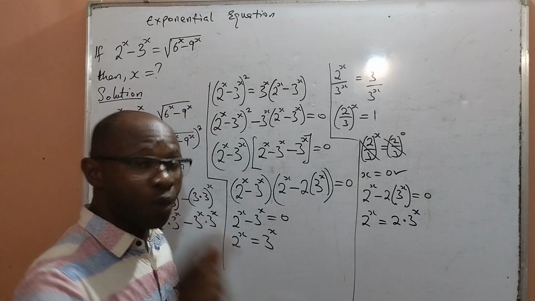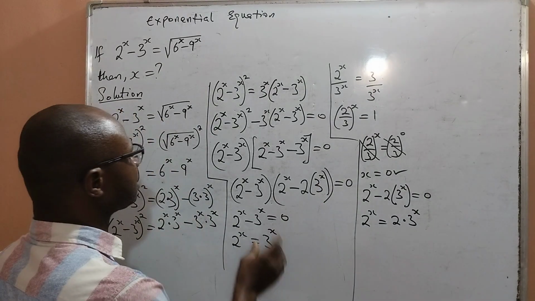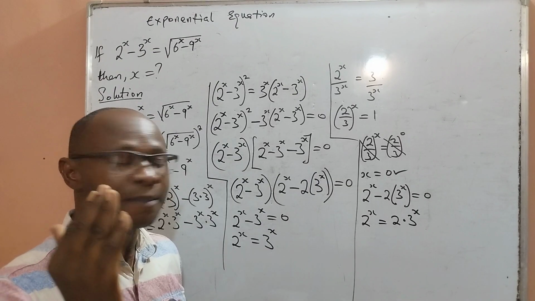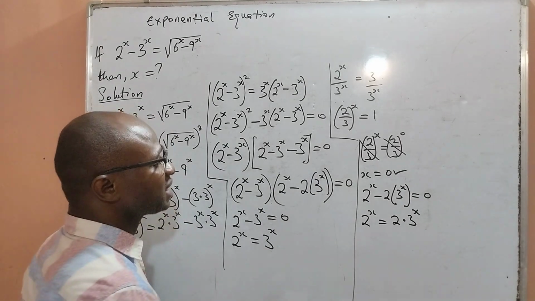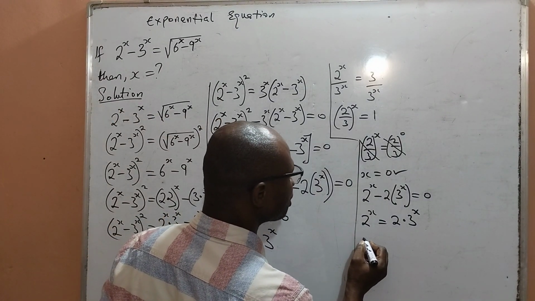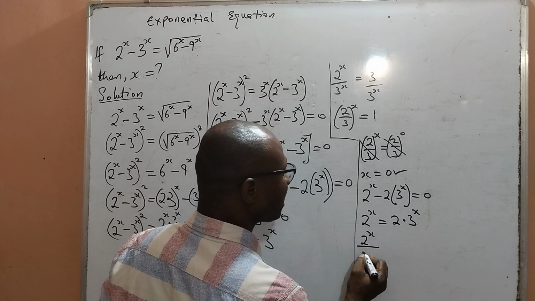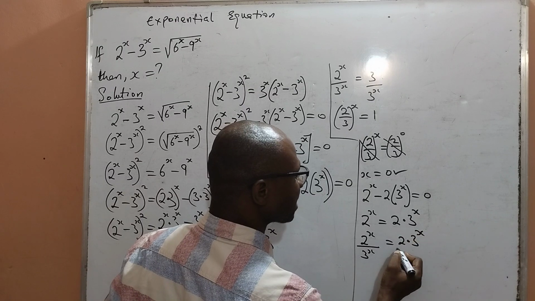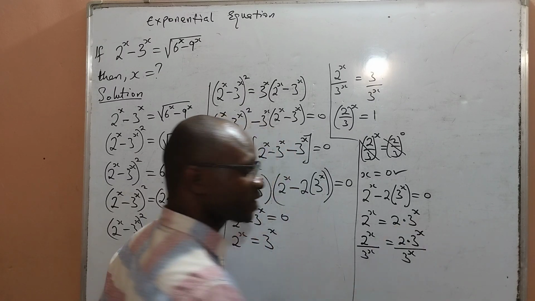Very good. What I still want to do, like I did in the first bracket, is divide both sides of the equation by 3 raised to power x. And that means I shall have it now written 2 raised to power x all over 3 raised to power x is equal to 2 multiplied by 3 raised to power x divided by 3 raised to power x. Very good.